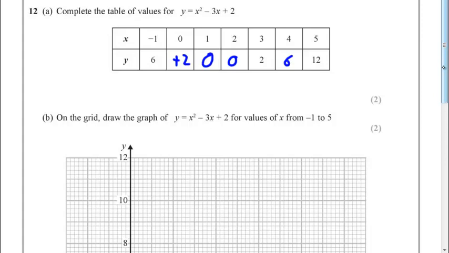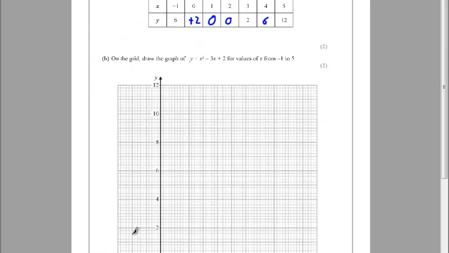Okay, now we've got to plot it. X equals minus 1, y equals 6, x equals 0 plus 2, 1 is 0, 2 is 0, 3 is back up to 2, 4 is up to 6, and 5 is 12.